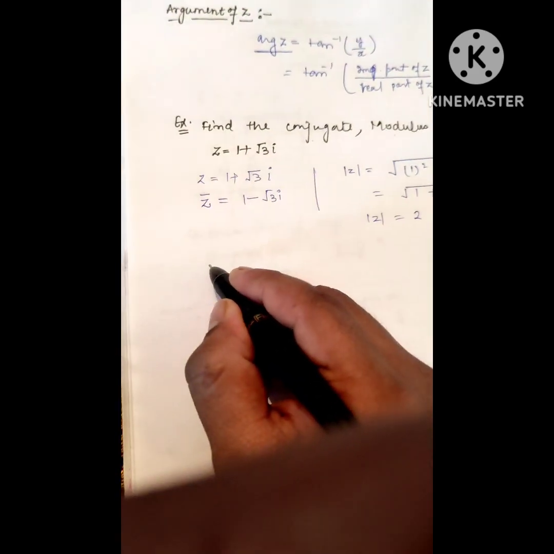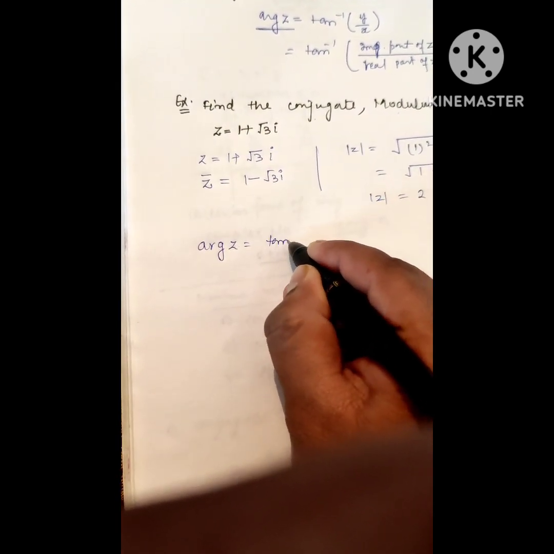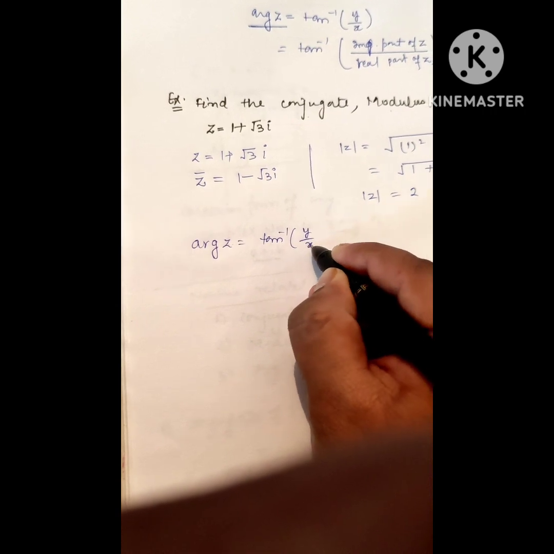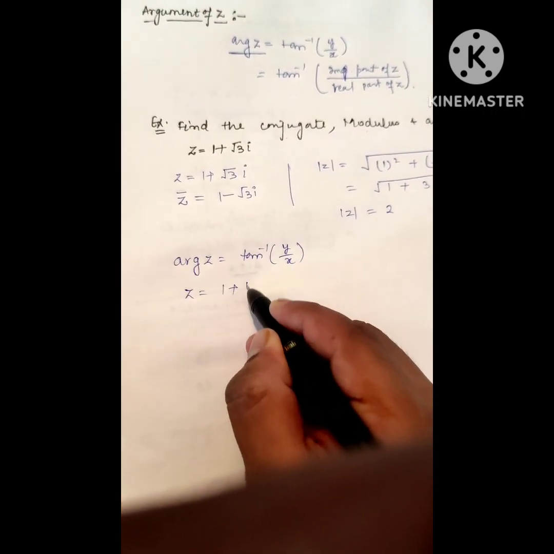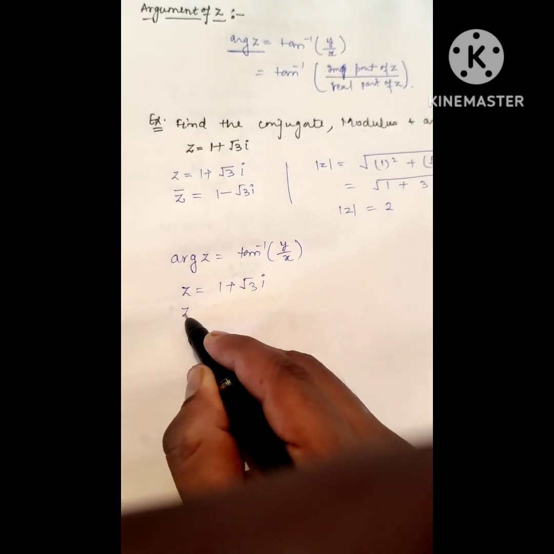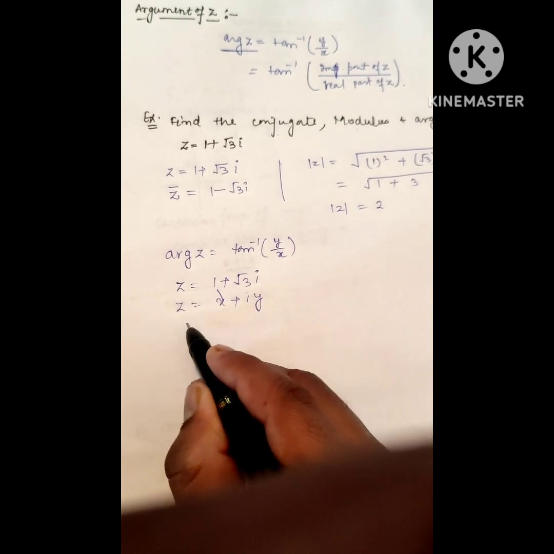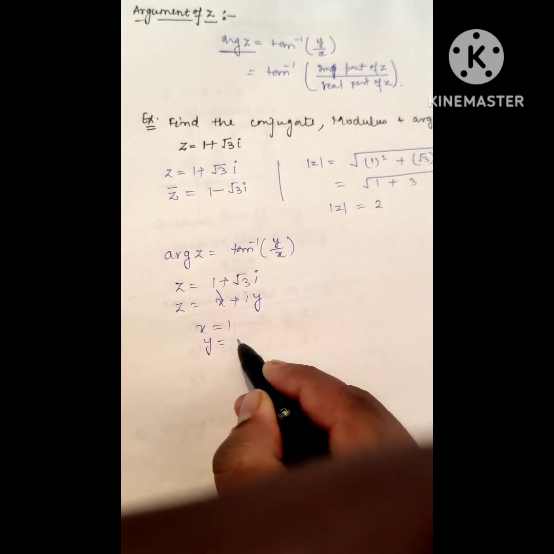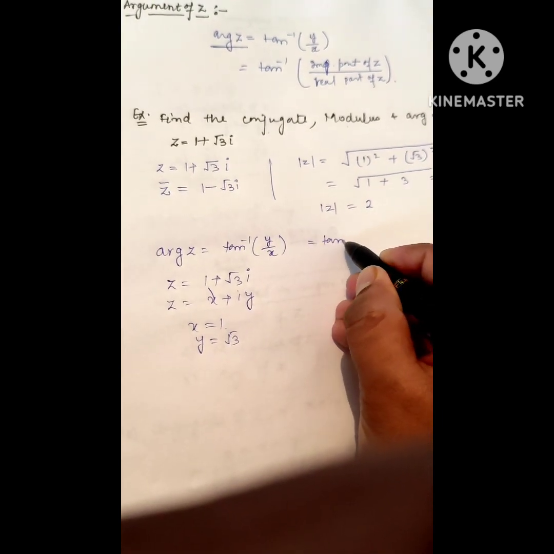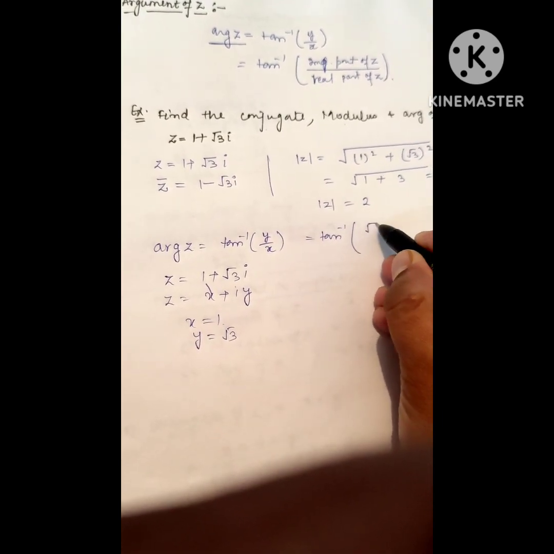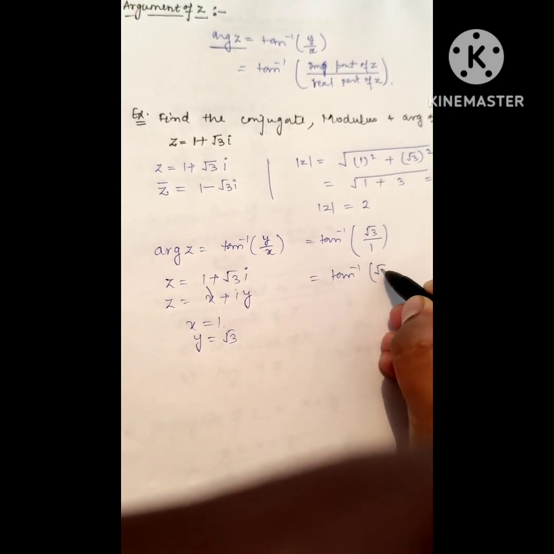Now argument of Z is tan inverse y by x. If we compare Z equal to 1 plus root 3i with Z equal to x plus iy, the value of x is 1 and the value of y is root 3. Putting these values here, tan inverse of root 3 by 1, tan inverse root 3.